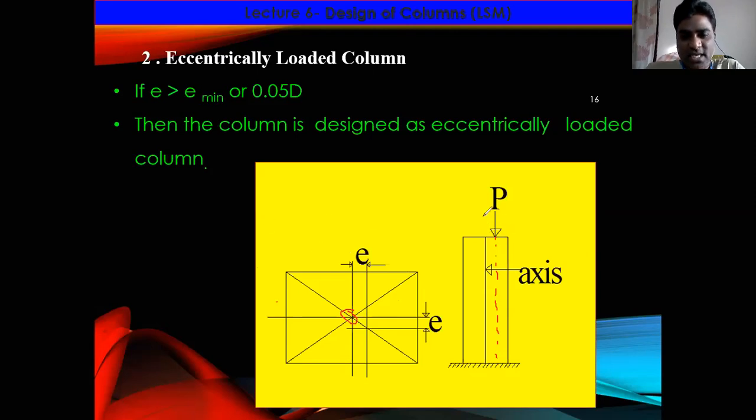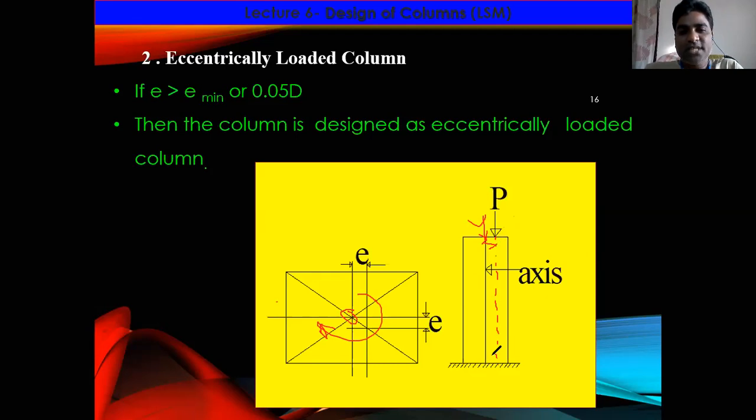If it acts exactly at the centroidal axis, you can design a column based on the load directly, with no extra loads. But if the load acts at a distance small e, let us say eccentricity, then due to this eccentricity a bending moment develops about the centroid of the column.